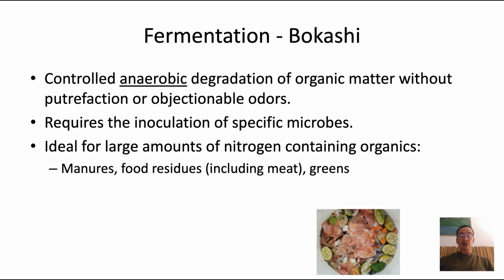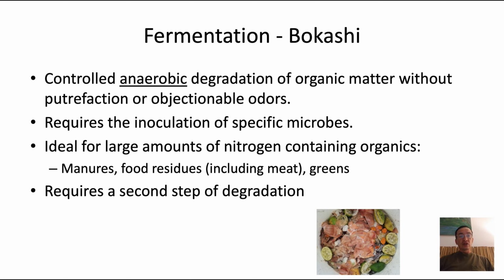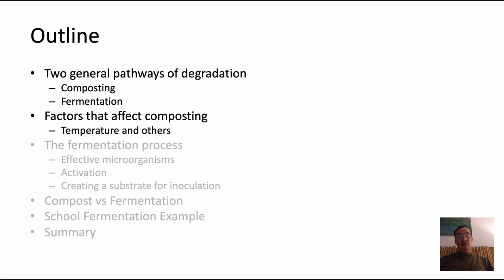You can use the leftovers, bones you can put in there, and you can put many things. So you can inoculate, and it requires a second step of degradation. Okay, so let's talk about the factors that affect composting, now that we know the difference between composting and fermentation. And then let's go to fermentation.